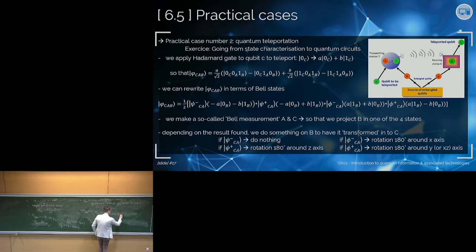Okay, plus the other Bell states, so psi plus CA of minus A 0B plus B 1B, and then the 2 others, which are plus phi minus CA times, this time, A 1B plus B 0B.